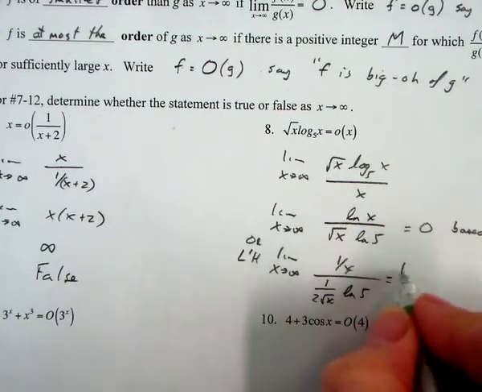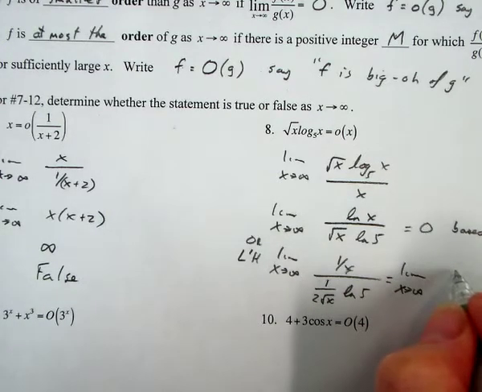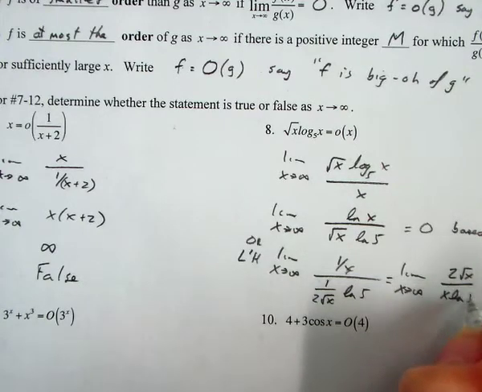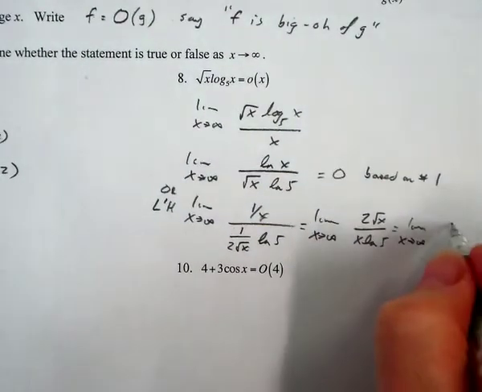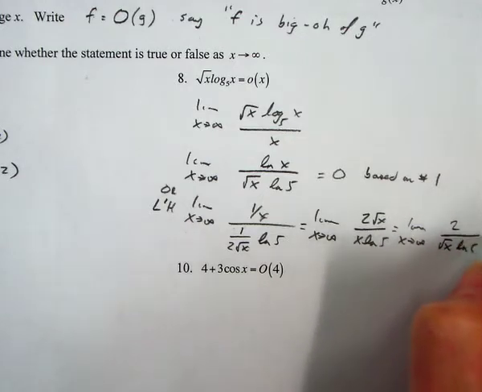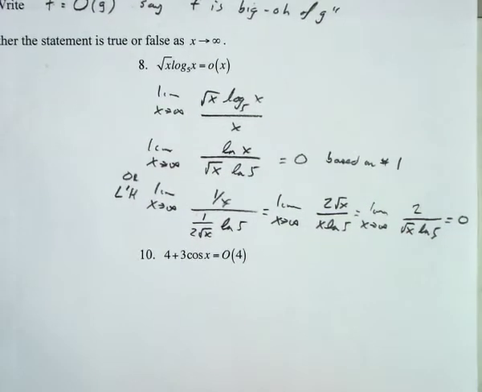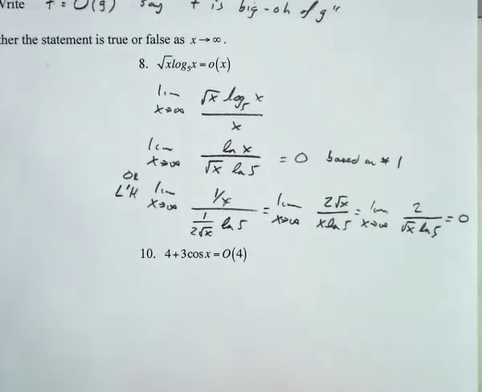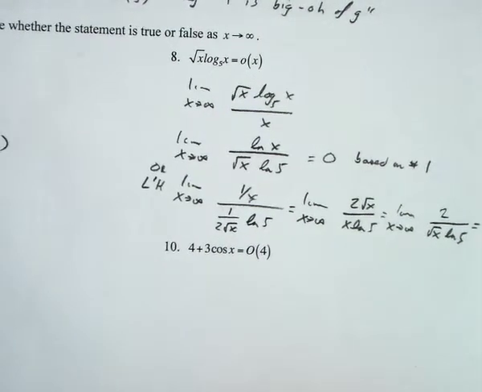If we simplify this, we get the limit as x goes to infinity of 2 root x divided by x natural log of 5, which is the limit of 2 over root x natural log of 5. And that is 0 as x goes to infinity. So either way is fine. Remembering our L'Hopital and when to use it is a good thing, though.